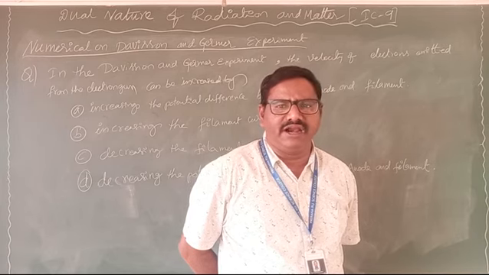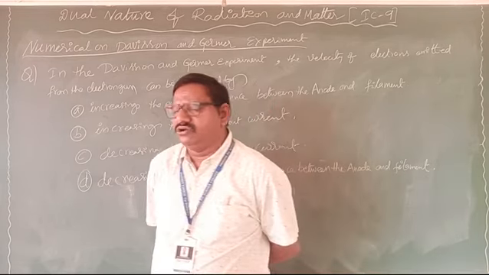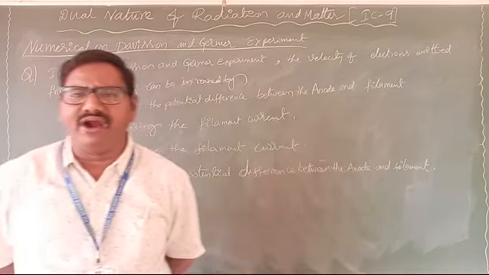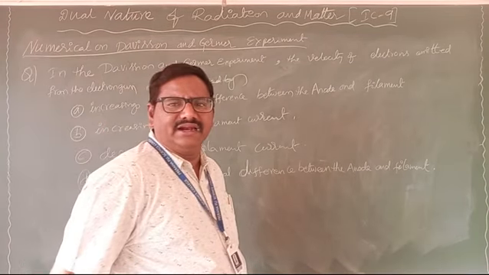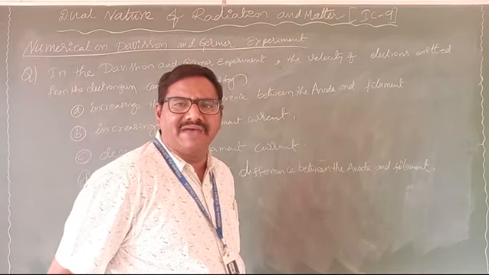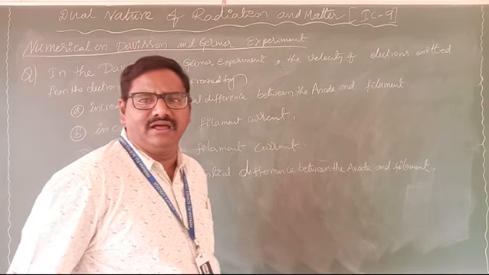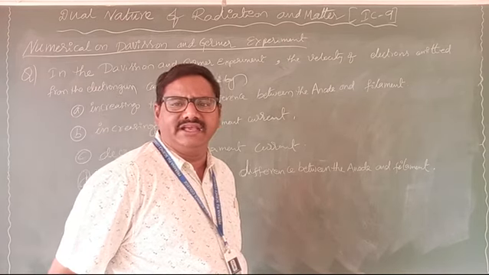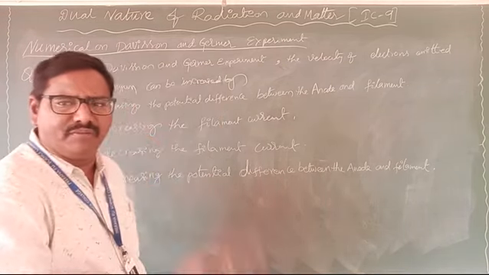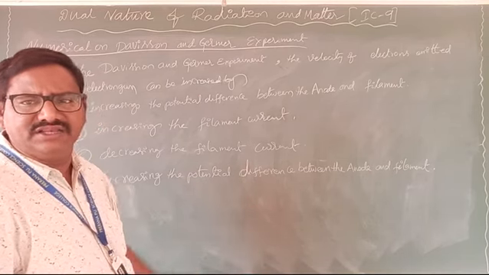Some electrons are released from the filament, and to get those electrons we applied an accelerating potential in an increasing manner. If you remember that point, you can solve this easily.